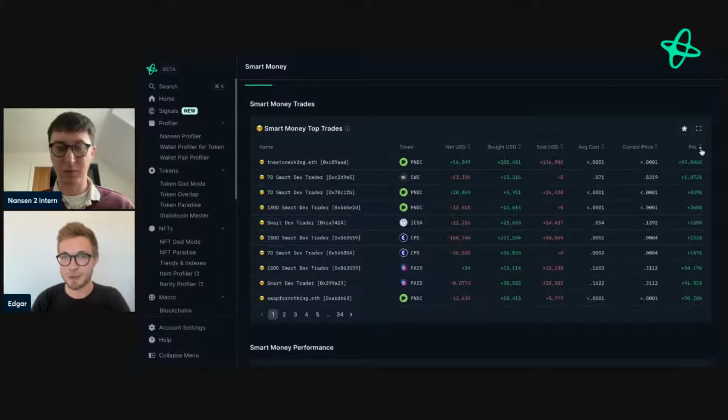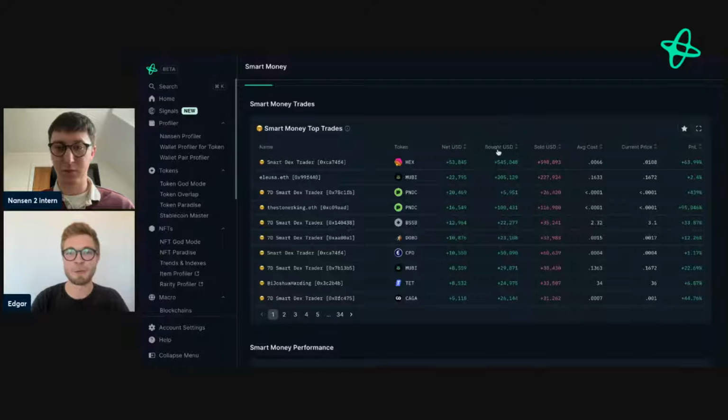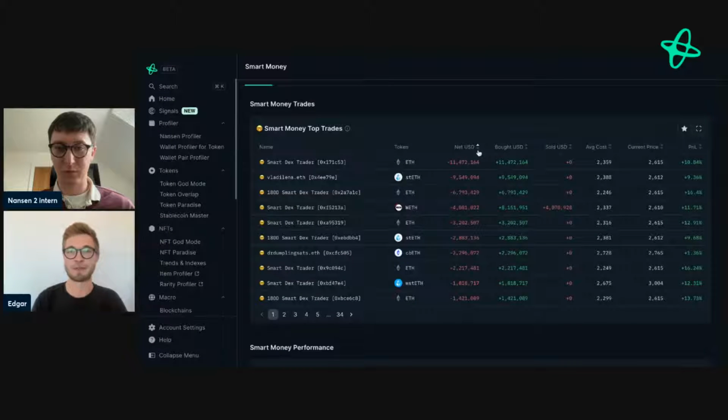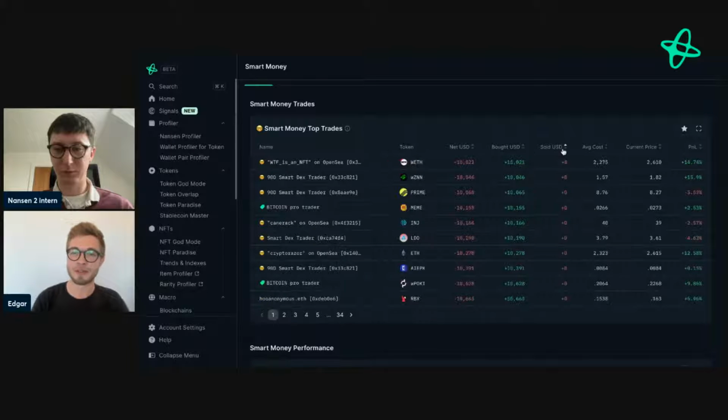The table is sorted by default by net USD amount, which shows you directly the realized profits that those addresses have made. If the sold amount is 0, then that means that they bought, but they haven't yet realized their profits. So their net is then negative.